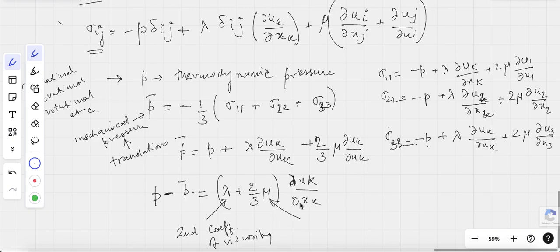This is the normal coefficient of viscosity, dynamic viscosity, right?